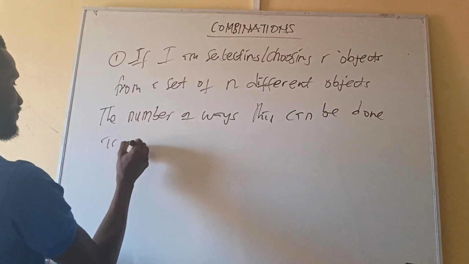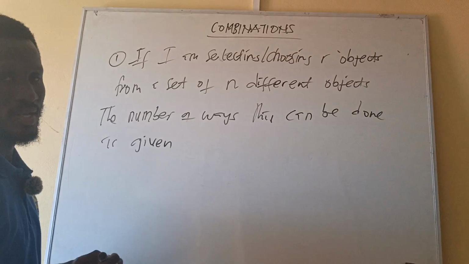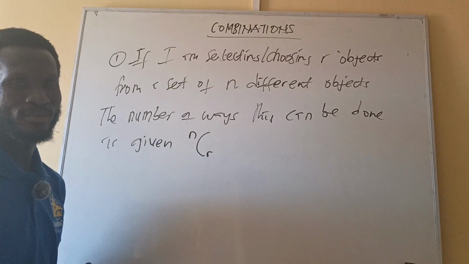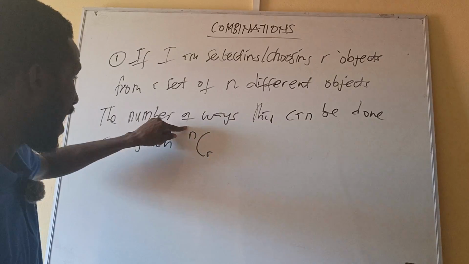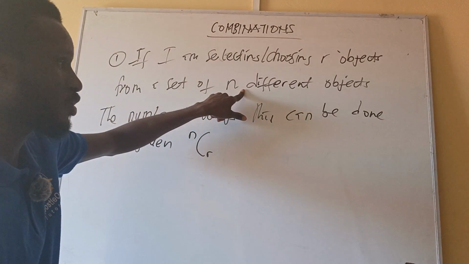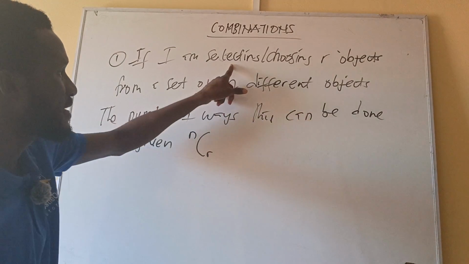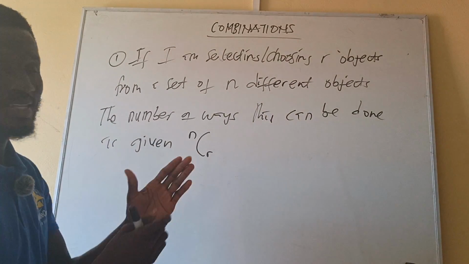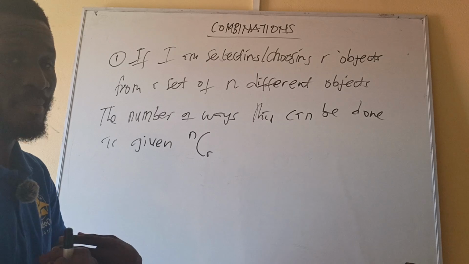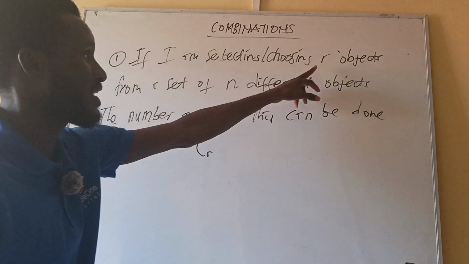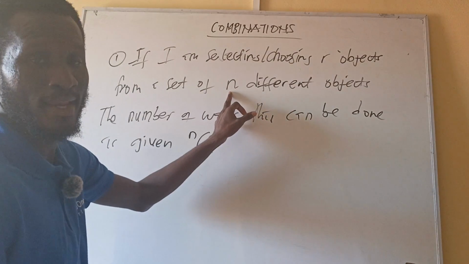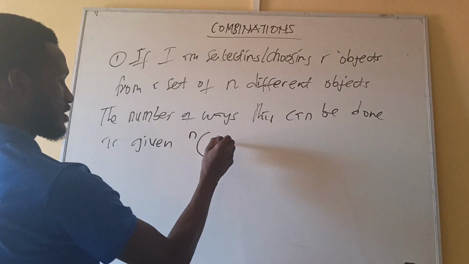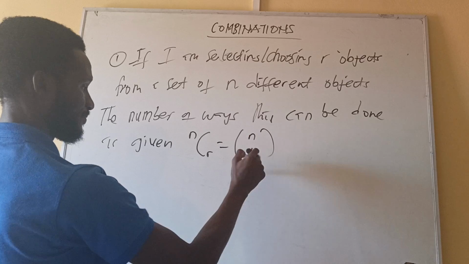The number of ways this can be done is given as n combination R. The C means combination, the n means the number of different objects, and the R means my selection. So the number of ways I can select R objects from n is given as n combination R.